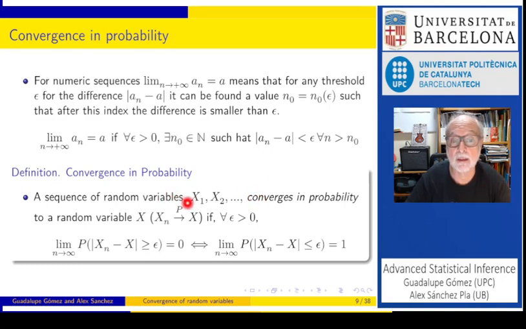So we say that the sequence converges in probability if the probability that the difference is above epsilon tends to 0, or that the probability that it's below tends to 1. Okay, so it's the same idea, the difference, but in probability.